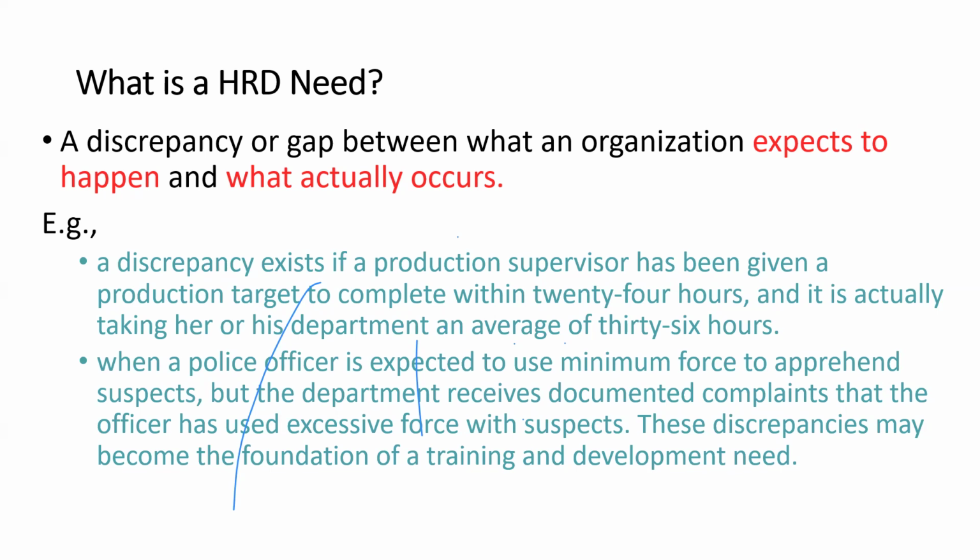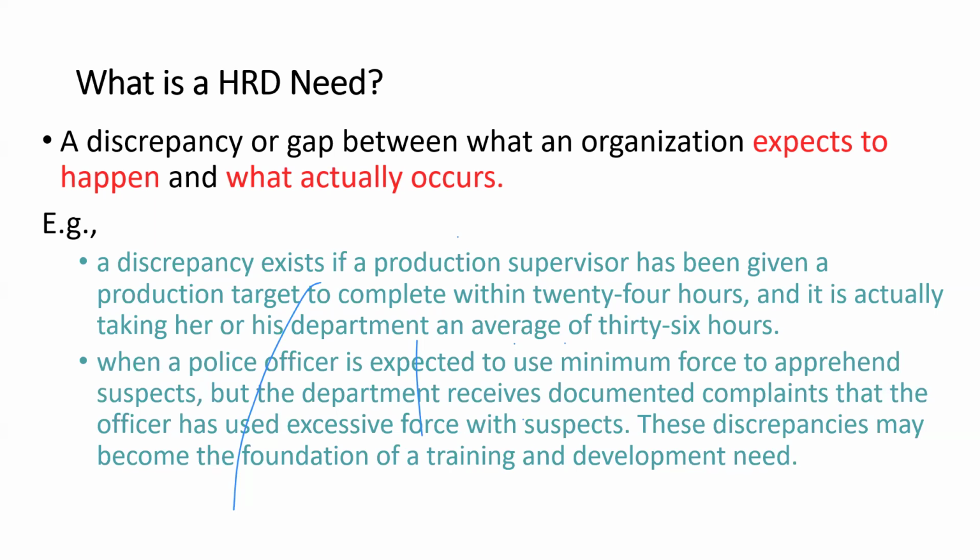Right. So there are so many examples given. A discrepancy exists if a production supervisor has been given a production target to complete within 24 hours. That is the expected level. Right? The target needs to be completed within 24 hours.